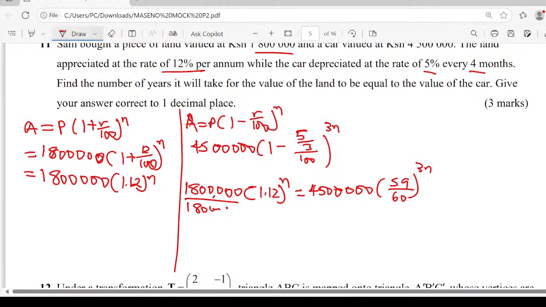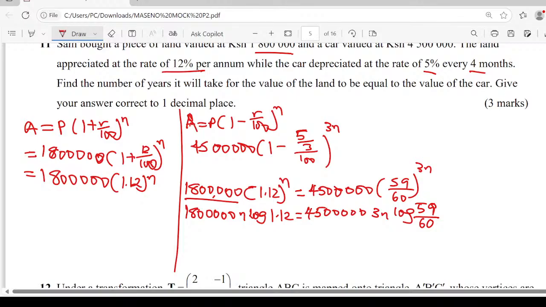It will make my work very easy, because when I introduce logs, this is now going to be like 1,800,000 n log 1.12 being equivalent to 4,500,000 3n log 59 over 60.